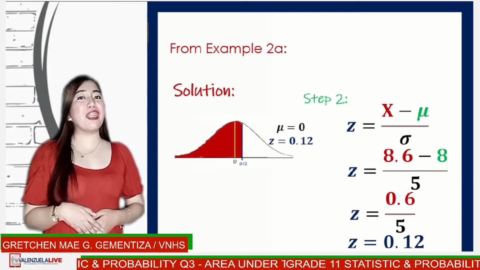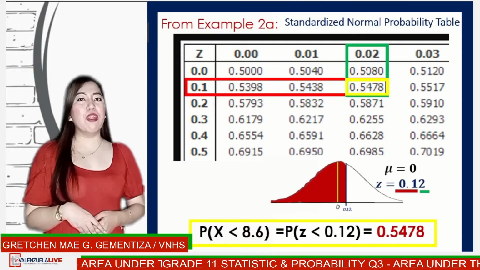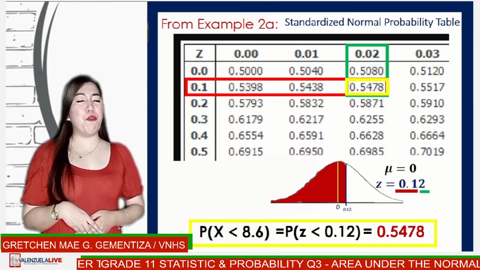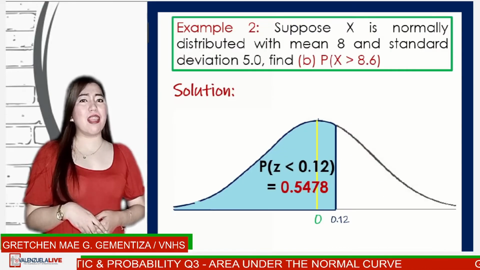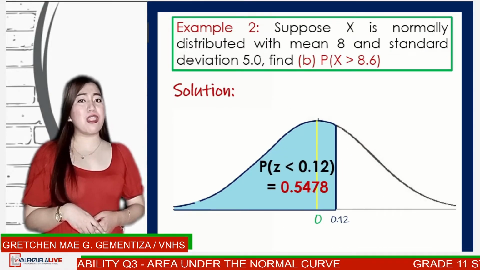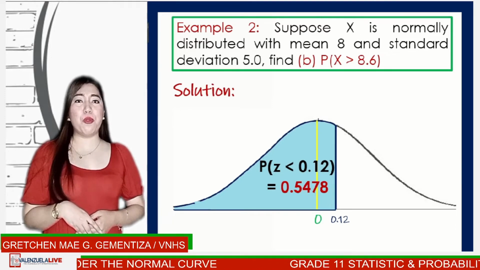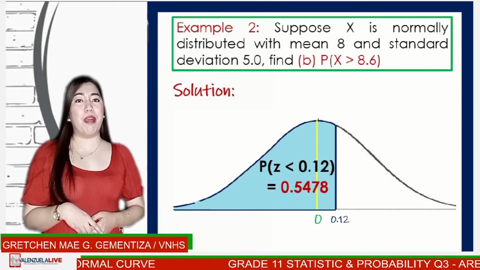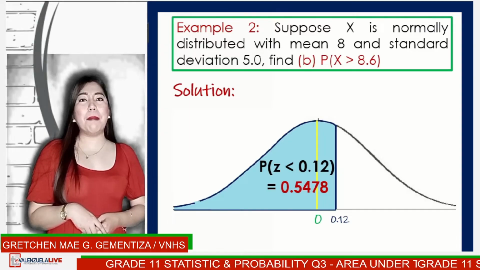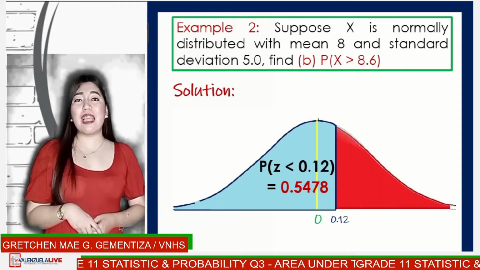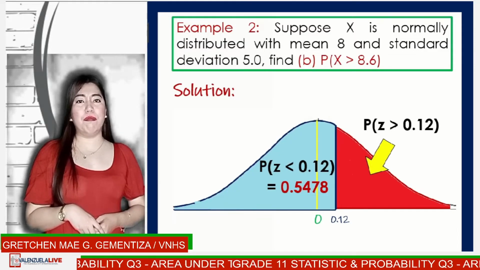Also, we already know the probability of z-score less than 0.12, which is 0.5478. But 0.5478 is the probability of z-score less than 0.12, which is shown by the blue shaded part of the normal curve. Instead, we are asked to find the probability of z-score greater than 0.12, or the red shaded part of the curve.